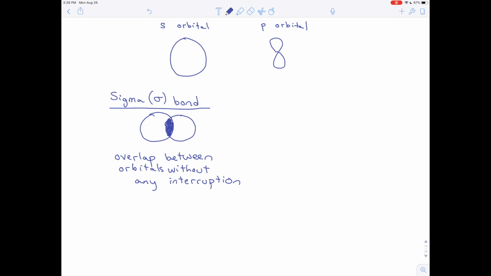This type of bond can actually be formed between almost any different orbitals, but because it's usually formed between two s orbitals, it was given the name sigma, which is the Greek letter for s. This is the first bond formed between two atoms. The first bond formed between two atoms is always a sigma bond.